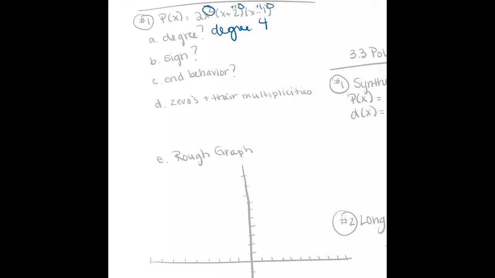And then once again, we're going to look at the sign so we can determine the end behavior. And the sign is always of that leading coefficient, which in this case is positive because there's no sign. So then I asked for end behavior.